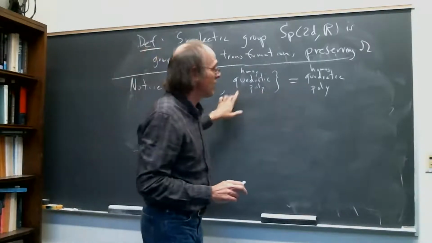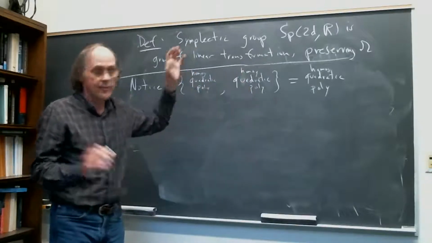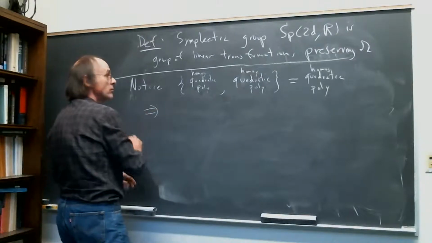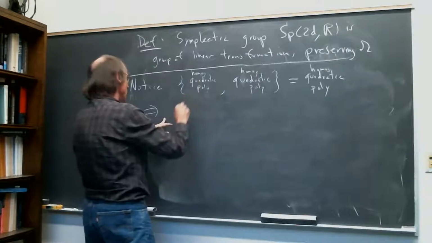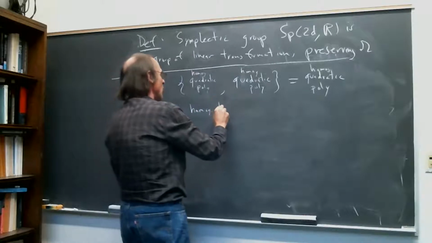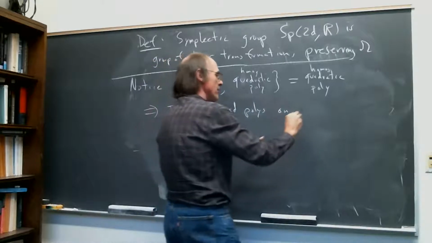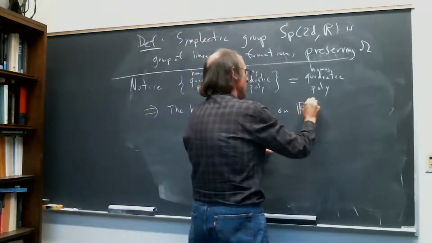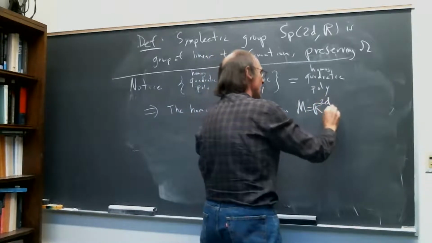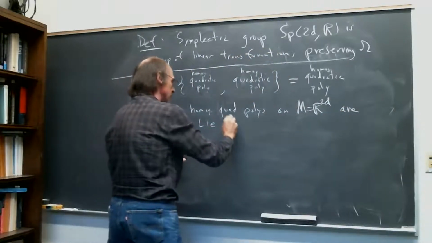Here, this tells you that you get another subalgebra of this infinite dimensional Lie algebra of all functions on M. So this implies that the homogeneous quadratic polynomials on R^2d are a Lie algebra.